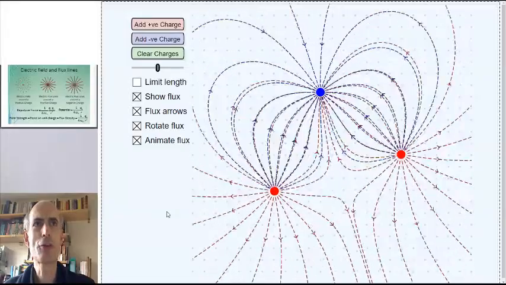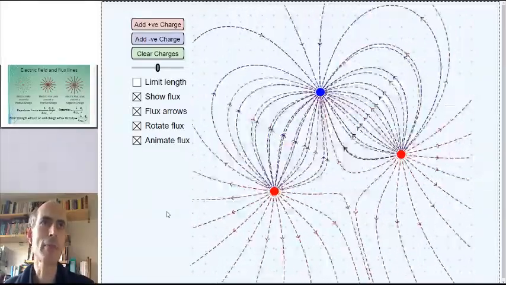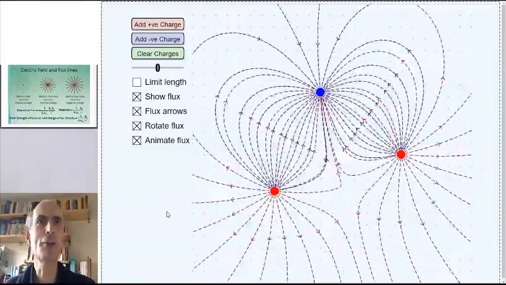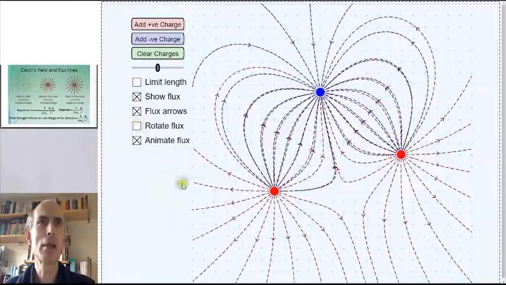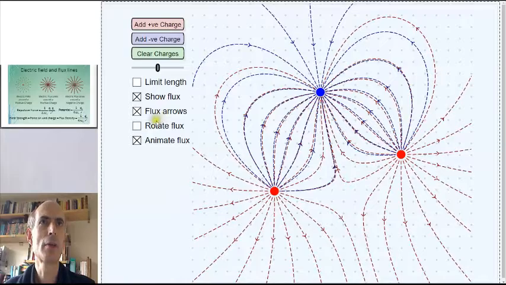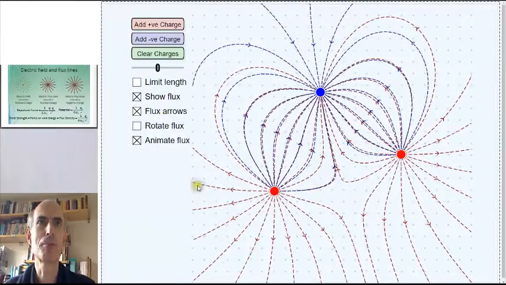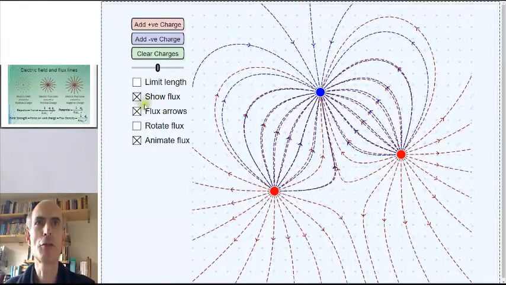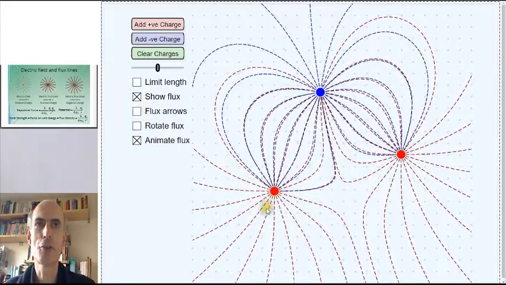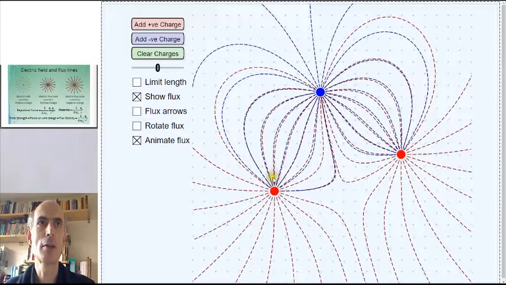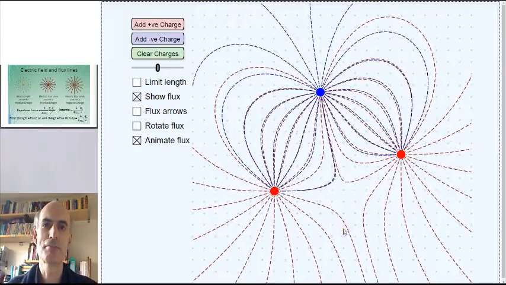And I'm not sure that's terribly helpful. It's quite entertaining to look at, but it's getting a bit confusing. I think maybe just that might be the best way to think about things. And if you've got the animation, you don't really need the arrows either. You can see the flux is emerging from the positive charges and collapsing into the negative charges.